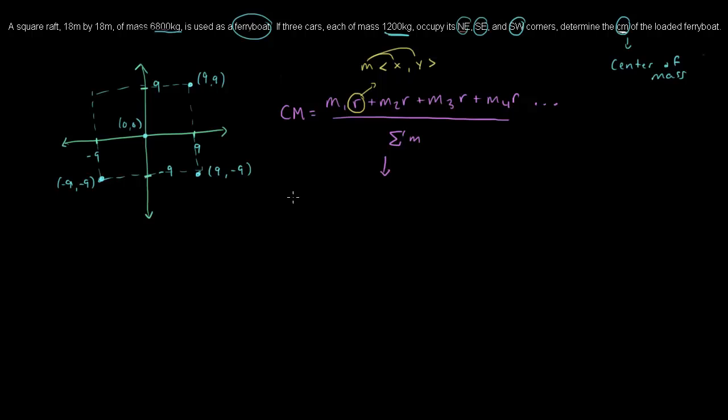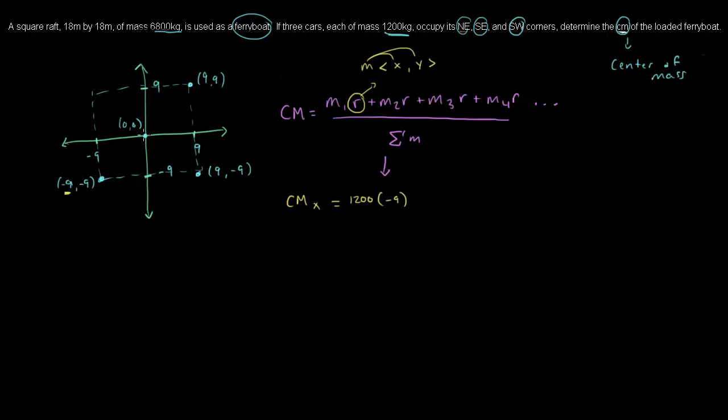So to get our x coordinate, the center of mass for the x is going to be, starting with m1, and what I like to do is just work left to right, the way I read. The leftmost is a 1,200 kilogram car, multiplied by the x part of the coordinate point, which is negative 9.